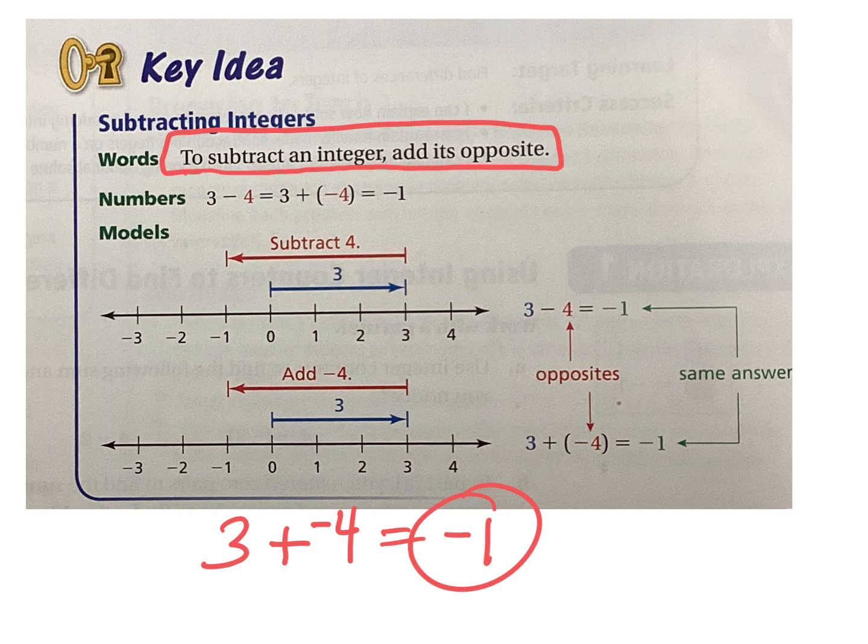You can go back to our previous lesson, 1.3, where when you're adding integers, you take the absolute value of them and you subtract the smaller from the bigger, and the bigger one is what sign you carry with you. You could do that. Some of these you can just think out and picture.